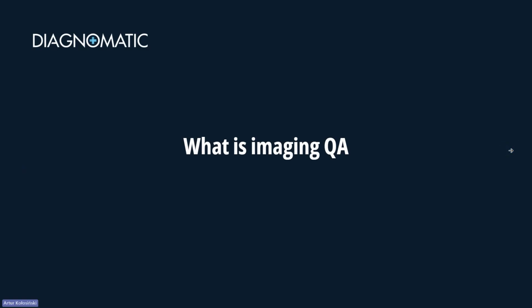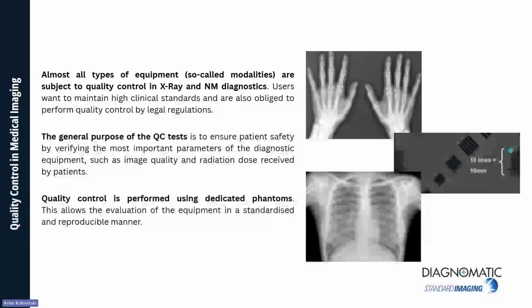So what is imaging QA? All types of equipment, we call them modalities, are subject to quality control: X-ray, nuclear medicine, and also the diagnostic part of radiotherapeutic medical devices need to be checked.